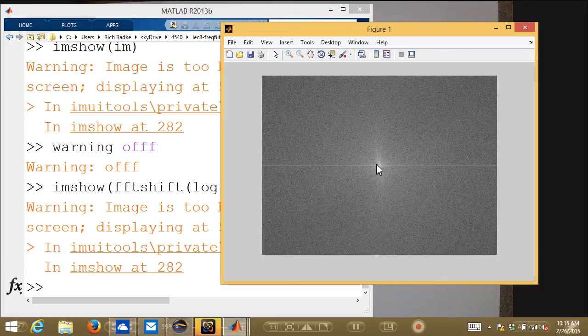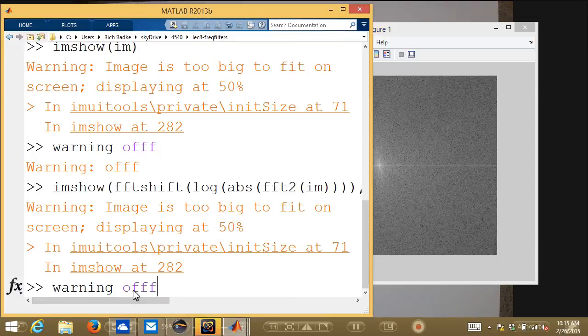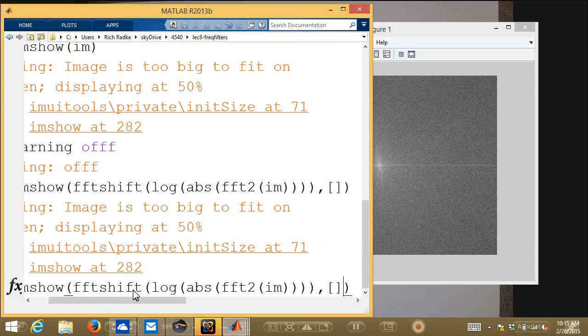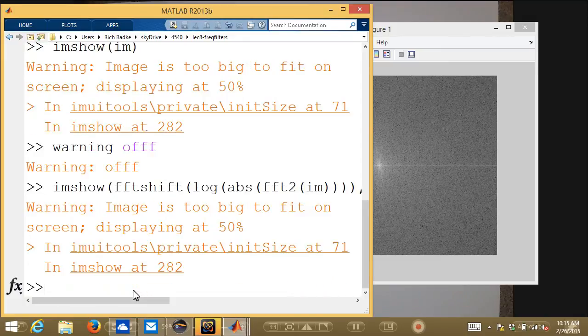So again, we get this general pattern: low frequency content in the middle, high frequency content at the edges, and not much happening there. Remember that since this is on a log scale, there's actually very little happening around the edges and lots happening in the middle. If I was to plot this without the log scale, let's see, I was thinking about this the other day.